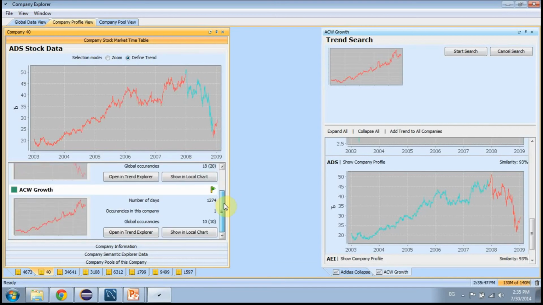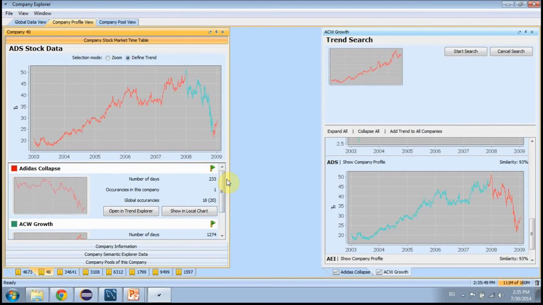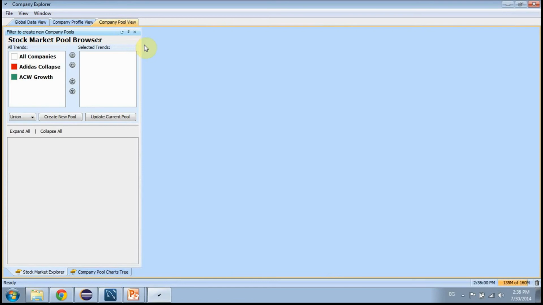And now I would like to be able to compare the financial profiles of these companies, to see if I find anything in common, if I find a pattern, and I will go deeper into my exploration.